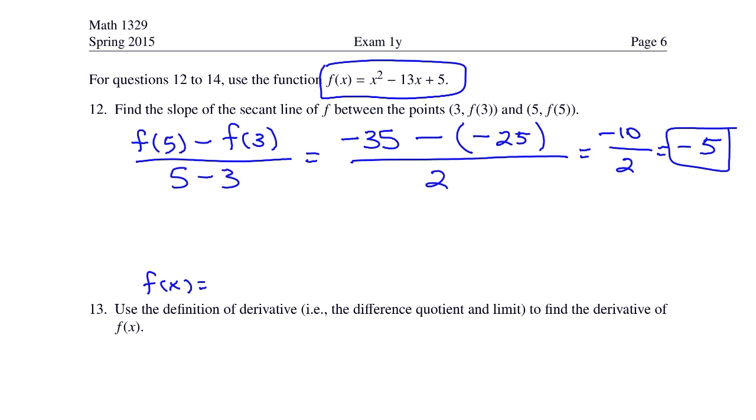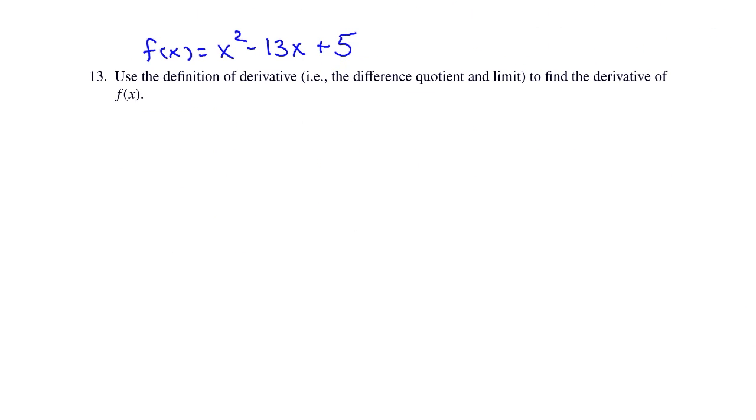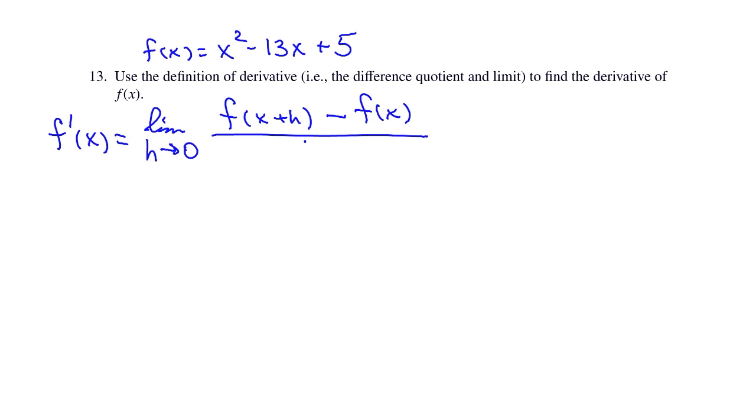Next, I'm going to rewrite the function here so that we can see it when we scroll down. x squared minus 13x plus 5. And for 13, we need to find the derivative using the definition. So that's f prime of x is equal to the limit as h goes to 0 of f of x plus h minus f of x over h.